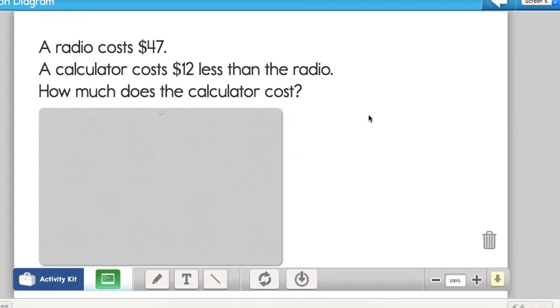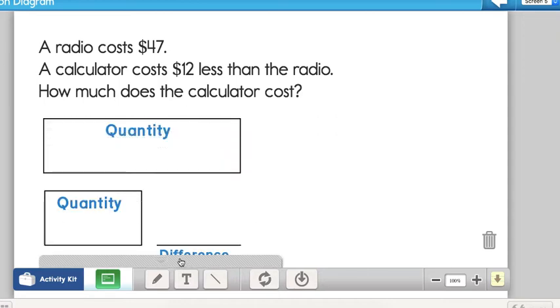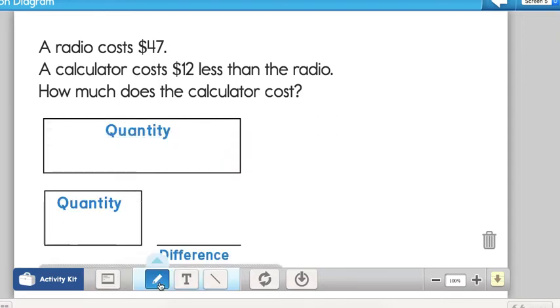A radio costs $47. A calculator costs $12 less than a radio. How much does the calculator cost? Well, I know a radio is $47. Now, $12 less tells me that the difference is 12.